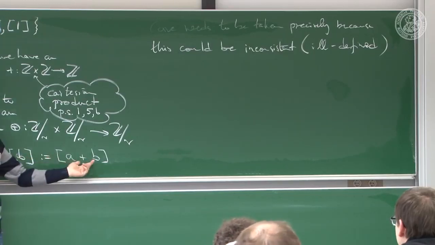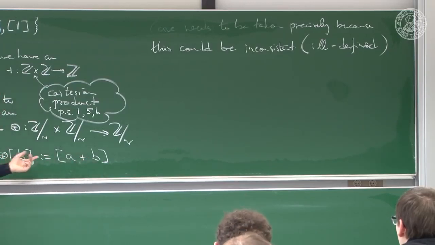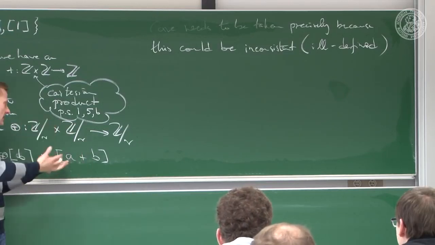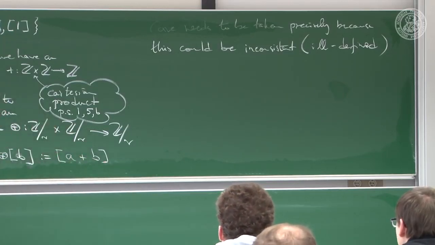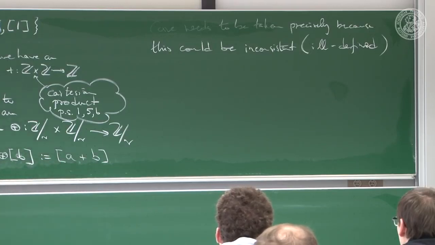Now, depending on what you write here on the right-hand side, how you use the representatives, it could be, nevertheless, that if you used a different representative here and a different representative here, first adding these arbitrarily chosen representatives and then again taking the equivalence class with respect to the predefined equivalence relation could lead to a different result. And it's easy to construct such bad examples.